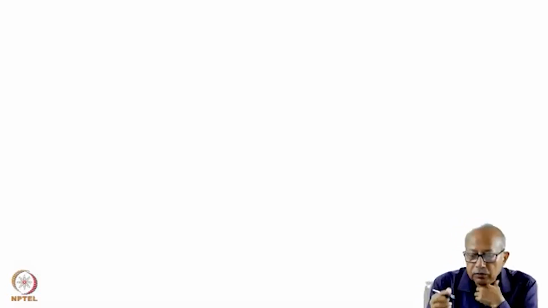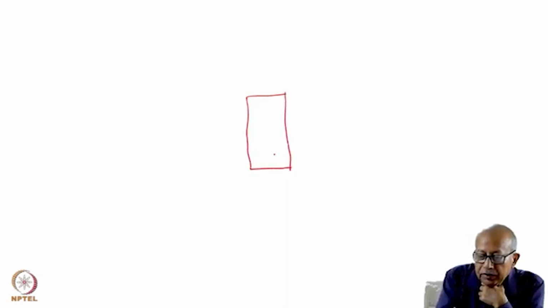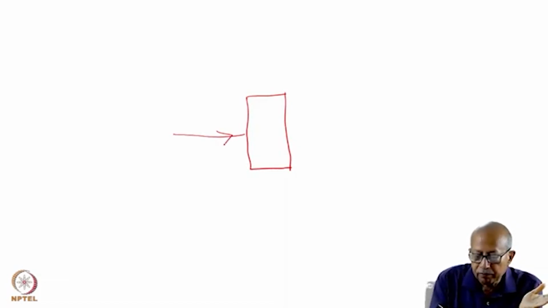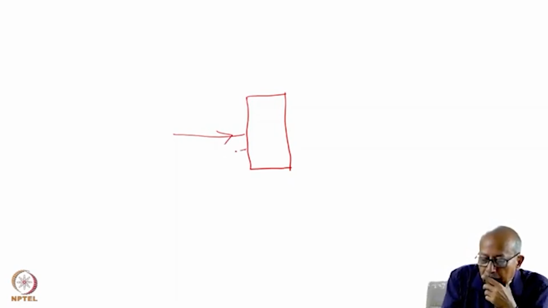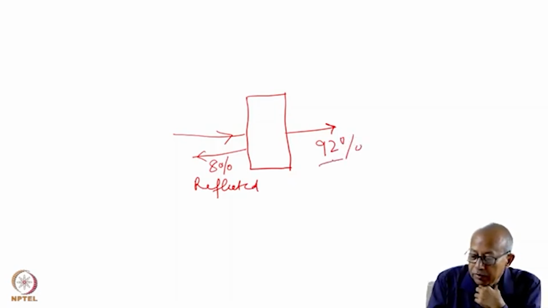In the previous class, we have seen that if we have a glass plate and shine light on it from one side, then approximately 8% of this light is reflected and 92% of the incident light is transmitted.